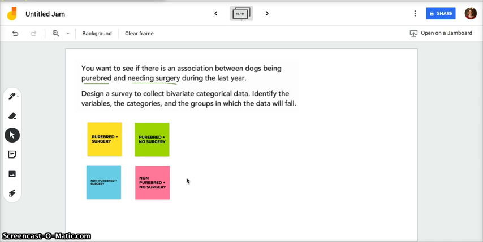My grandma has a dog that is purebred and did not need surgery last year, so that would be in the green category. Okay, so every dog that we survey would first be in one of these categories, either purebred or non-purebred, and then would be in either surgery or no surgery. Okay, so it's bivariate. There's the categories, and these are the 4 groups into which the data will fall.